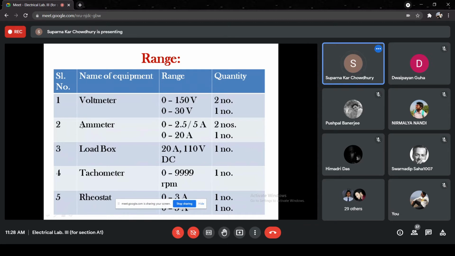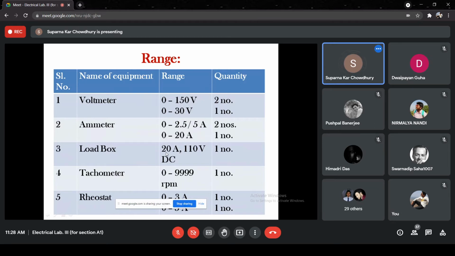Then we have the ammeters, 0 to 2.5 by 5 ampere. Actually this will be three numbers, because one in the field of the motor, one in the armature of the motor, and one in the field of the generator. And this 0 to 20 ampere ammeter is required for the resistance measurement.